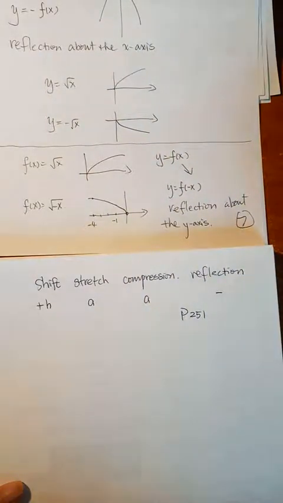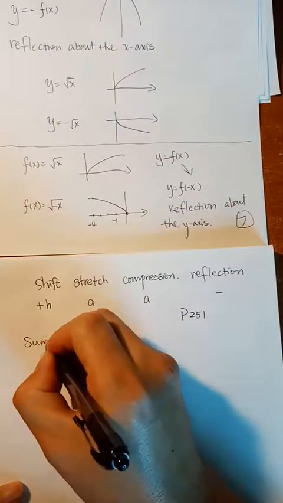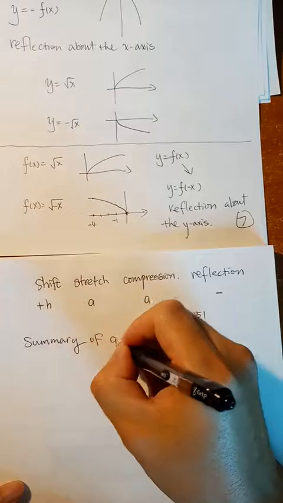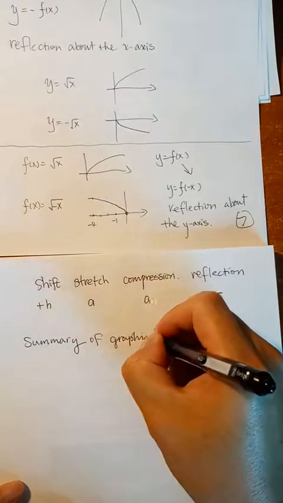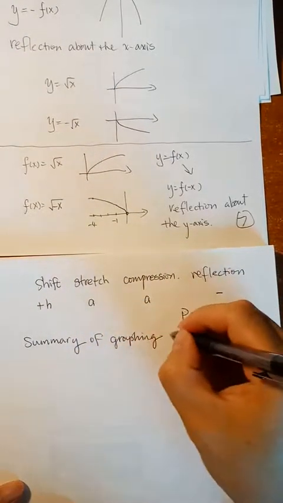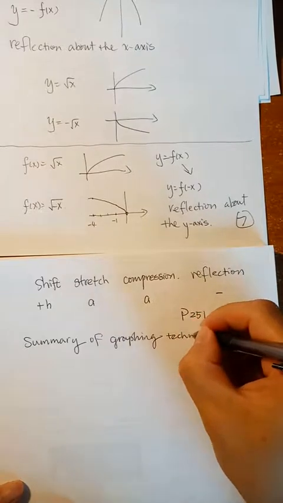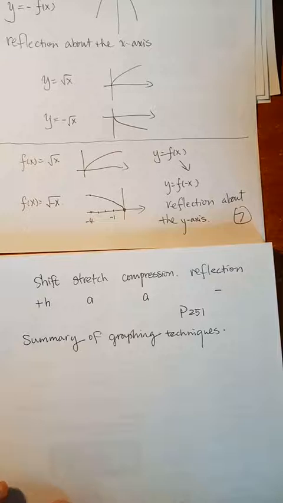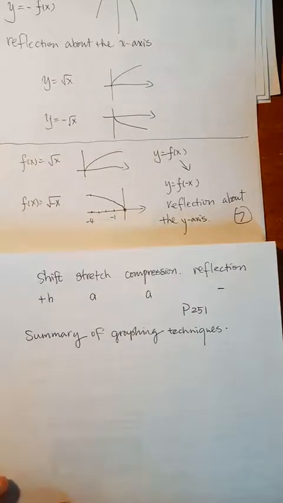What is the name of it? It's called the summary of graphing technique. So you have to be prepared for this table. This table is very, very important.